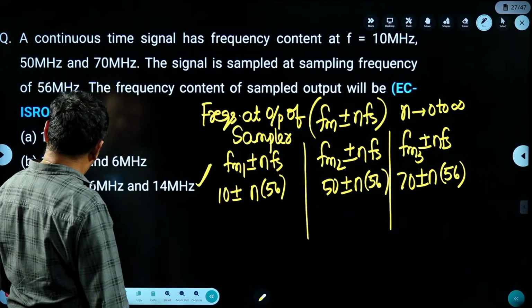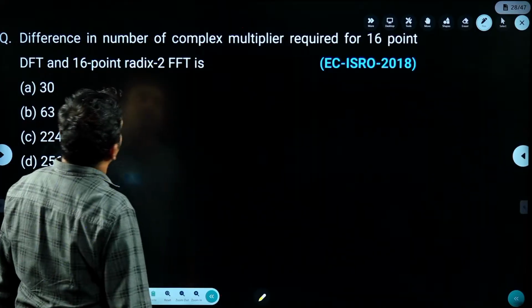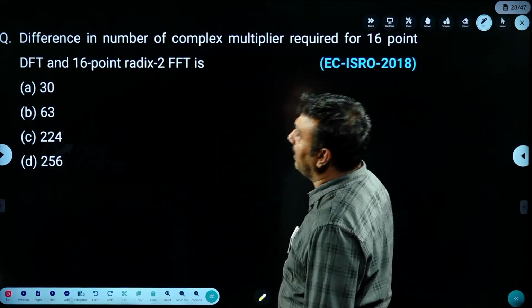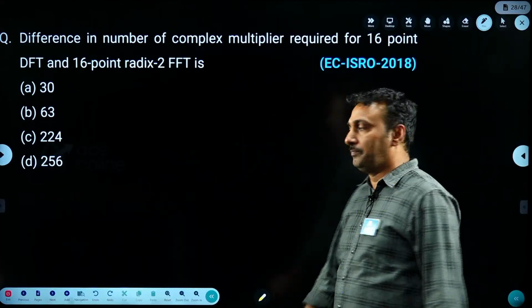Okay, let us observe the next one. Difference in the number of complex multipliers required for 16-point DFT and radix-2 FFT.